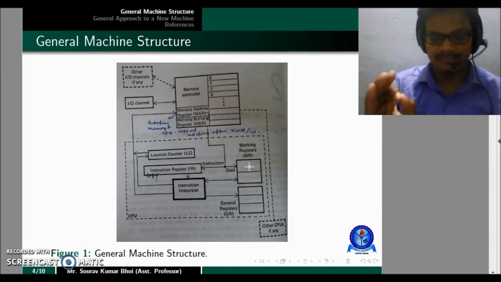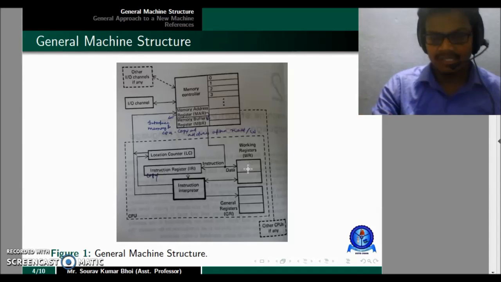Suppose we are adding x plus y. Two variables are added. Then x is a part, y is a part, and the operator plus is also a part. These are stored in the instruction register. Then the x part and the y part are passed to the working registers and the plus operation is done there.